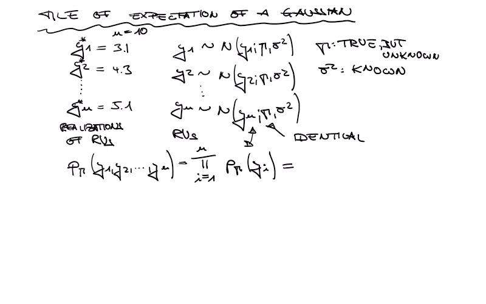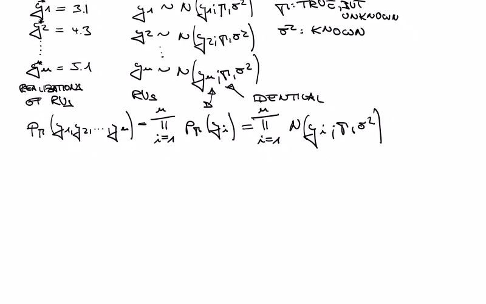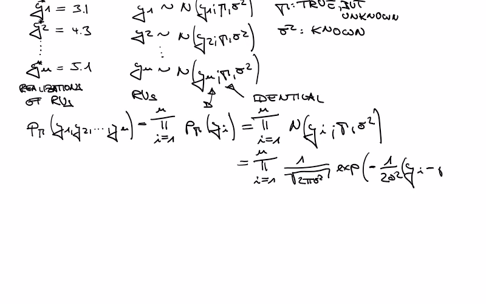So we get the product of i equals 1 to n of p(y_i | mu, sigma square), and this of course is equal to 1 over the square root of 2 pi sigma square times e to the minus 1 over 2 sigma square (y_i minus mu) squared. Yeah, hope no mistakes here.